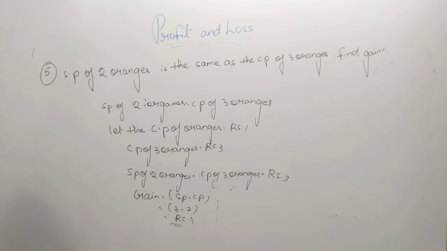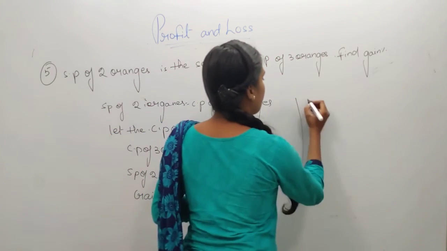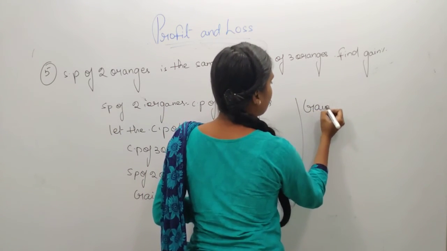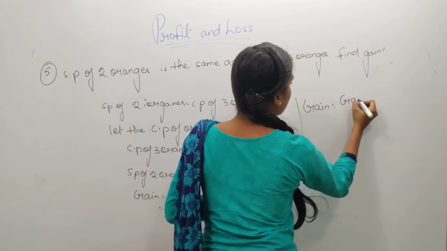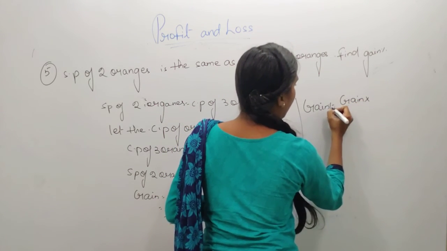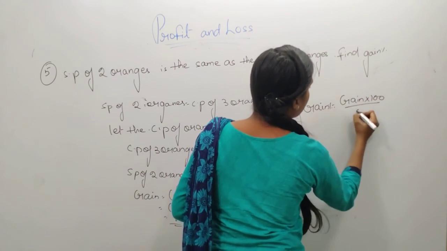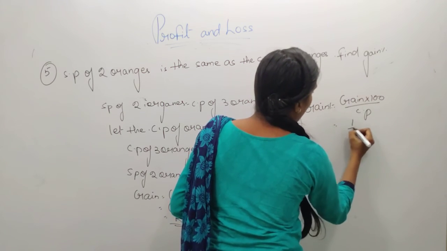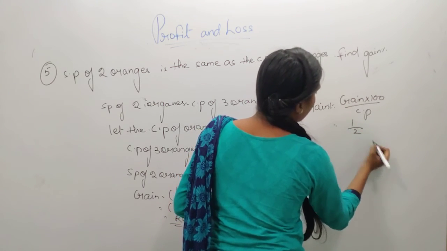What is the gain percent formula? I have just told you before going deeply into the problems, what is the gain formula? Gain percent is equal to gain into 100 by CP. How much? Gain percent is equal to gain into 100 by CP, which means 1 by 2.